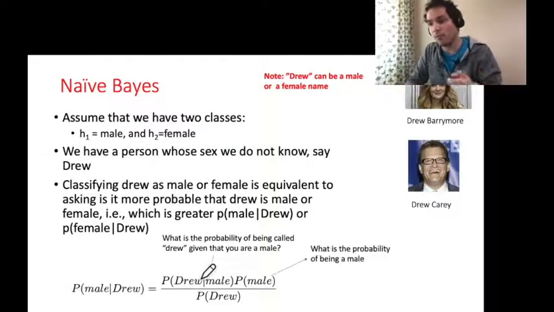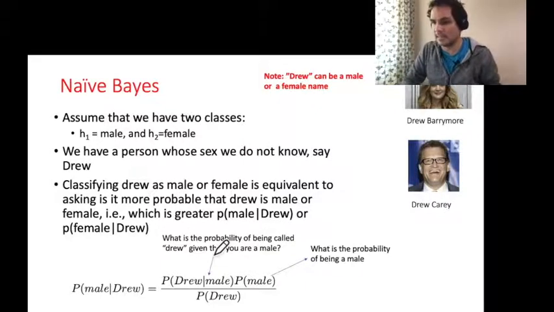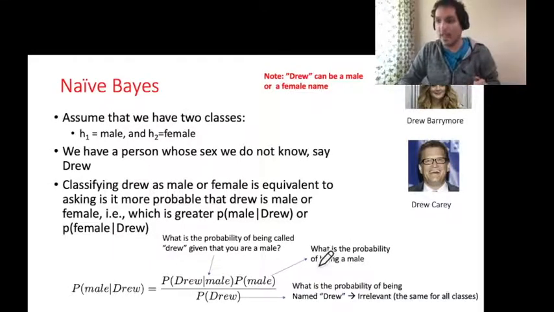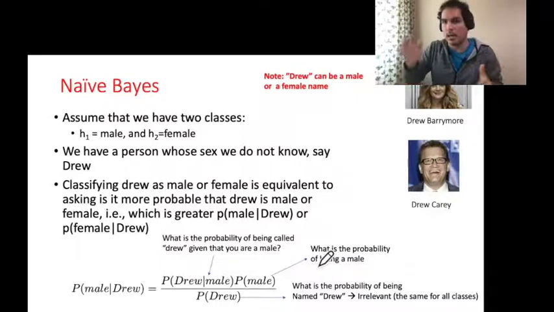We do that for male, and we do the same for female. That's the key point here. So what is the probability of being called Drew and being a male? We want to compute that probability, the probability of being a male, and also the probability of the name Drew in my database, because we can also have many other names, like Alex, Peter.